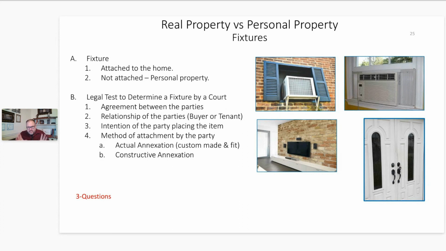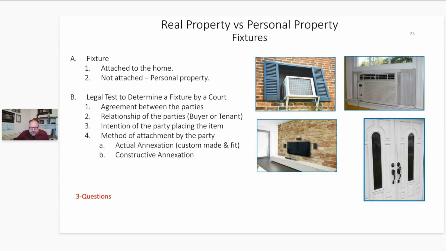Okay. Remember, we define fixture as real property. Okay. It's attached to the home, it's permanent. Okay. If it's not attached to the home, it's considered personal property. We just covered that in the last slide. So we identify a fixture as permanent to the home. Okay. Now, the legal test that the court systems in common law, again, we're talking about common law.